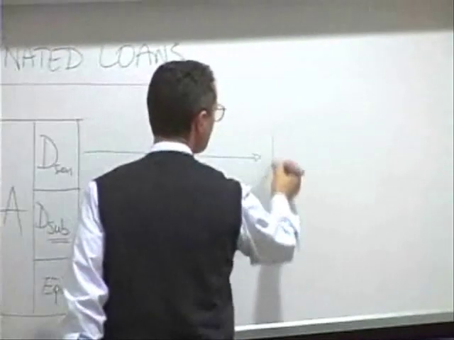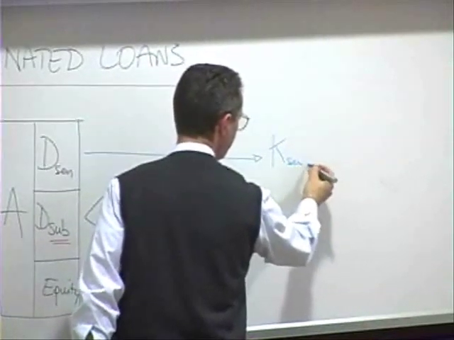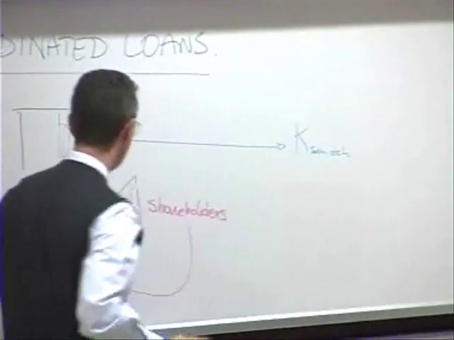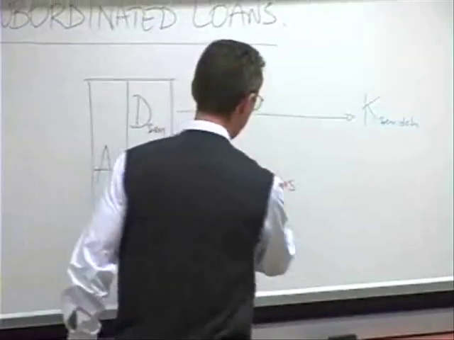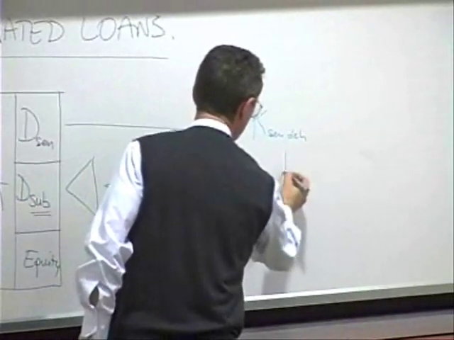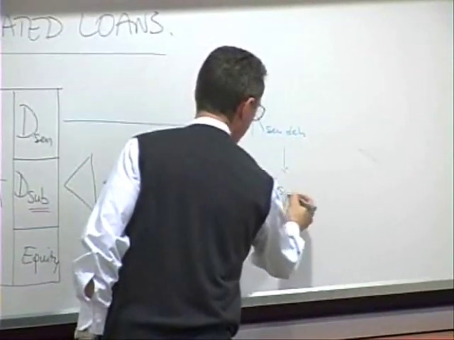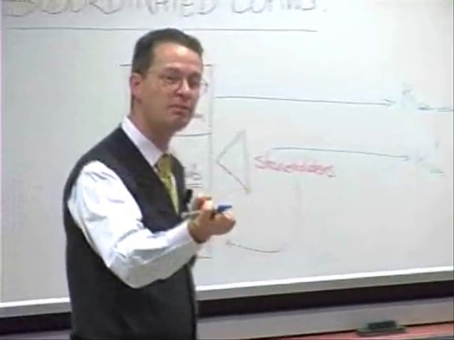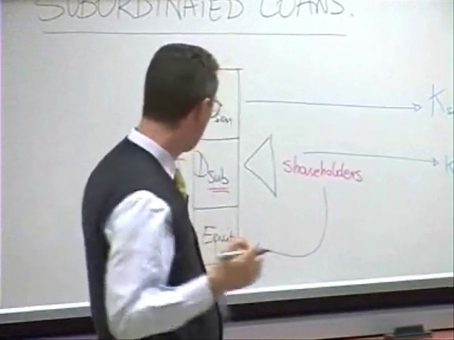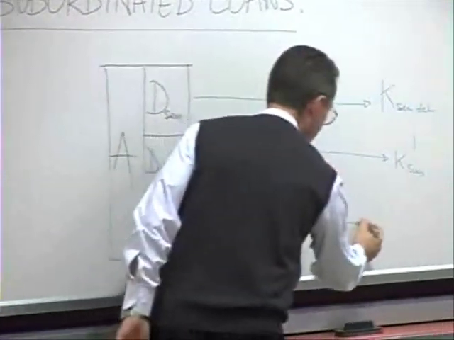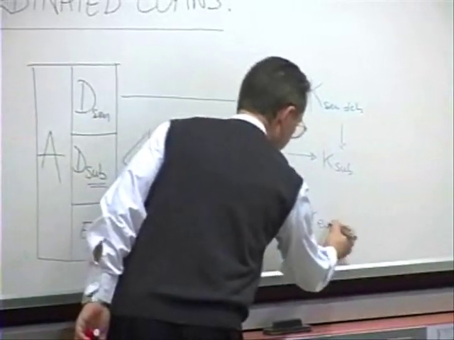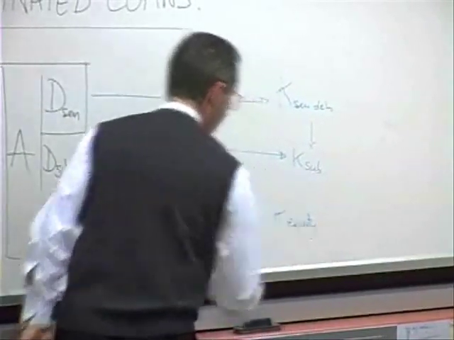Okay, this is the cost of senior debt. Obviously, the cost of subordinated debt, K sub, is higher because it is riskier. And obviously, K sub is a little bit less expensive than equity, that is the most expensive cost of fund provision.